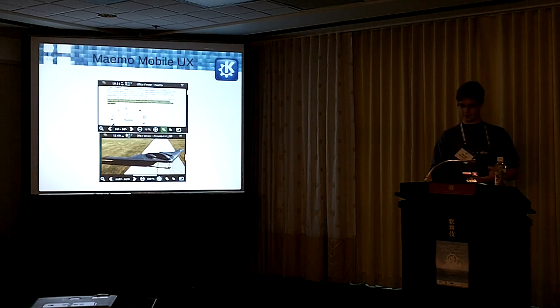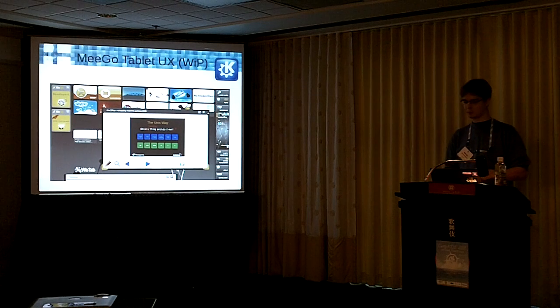And well, so that's all possible. Then there is some experimental work on the tablet version that, well, this is just the same Memo version, but running on a Migo-based tablet. But there are also work on experimental QML versions of a more tablet-suited user interface.